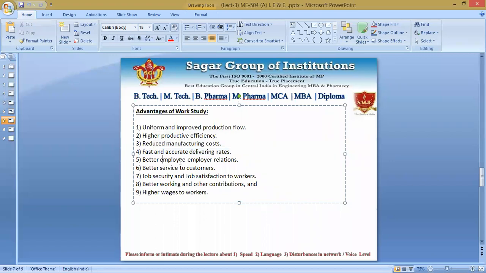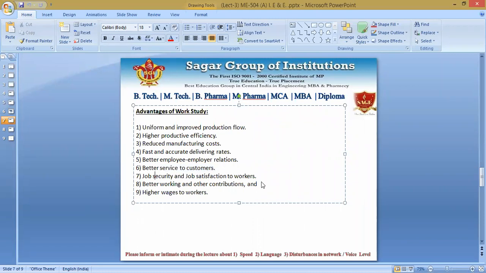Then we'll get better employee-employer relations if no uncertainty is there and the employer and employee are on the same platform. Then and only then could there be better relations between employee and employer. Then come better services to the customer. If the employee-employer relations are good, then and only then will there be better services delivered to the customer.